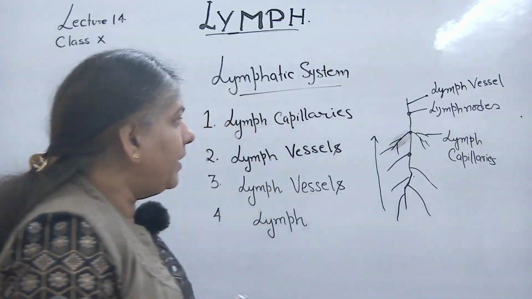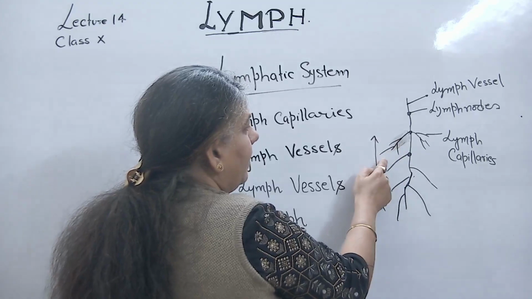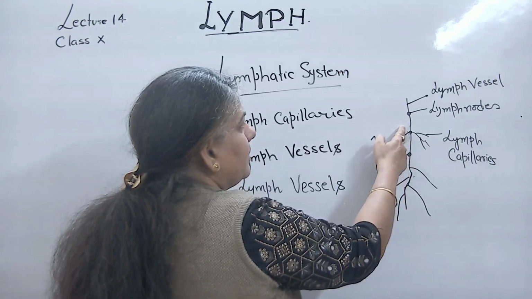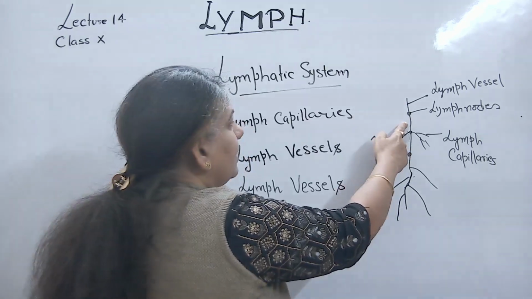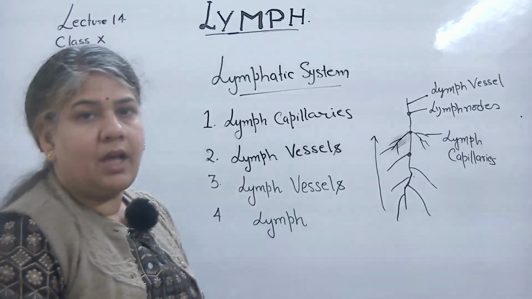So lymph enters into the lymph capillaries, which are smaller in size, and from the lymph capillaries, lymph passes into the lymph vessel, which has these nodes where WBCs are produced.